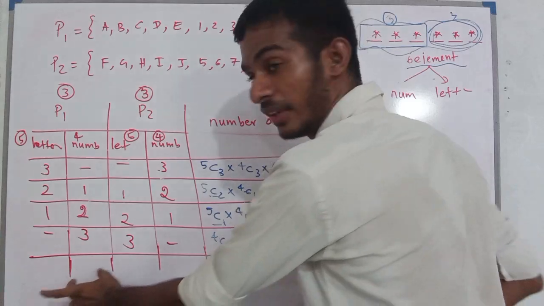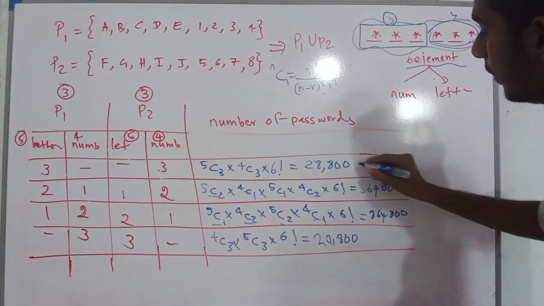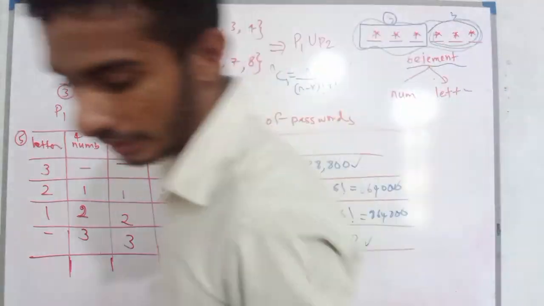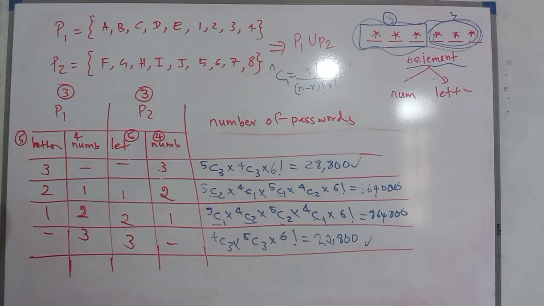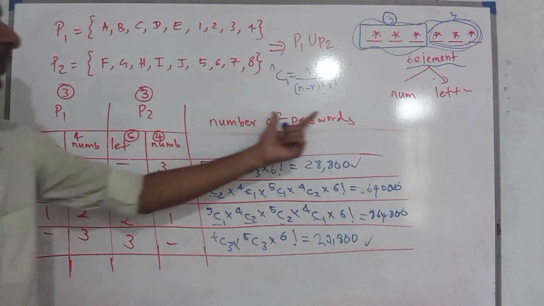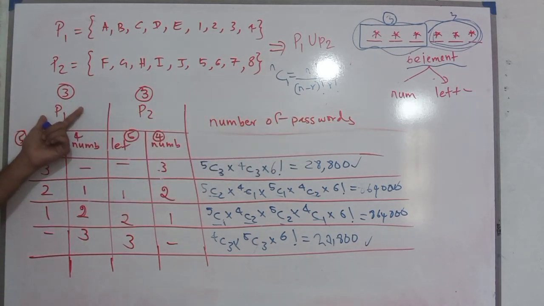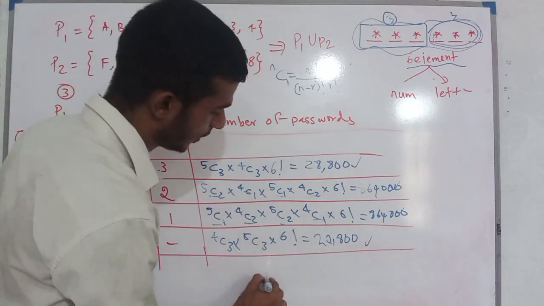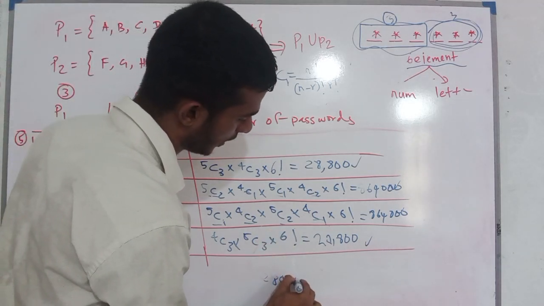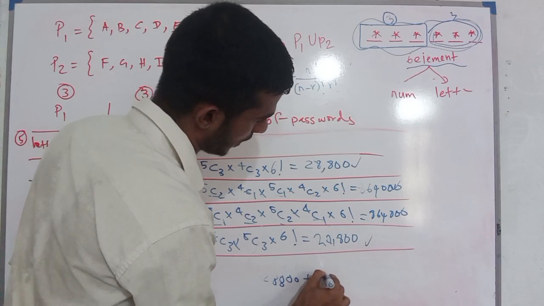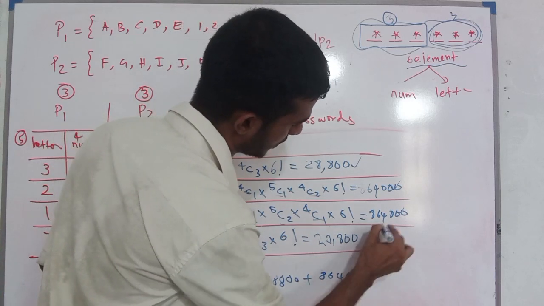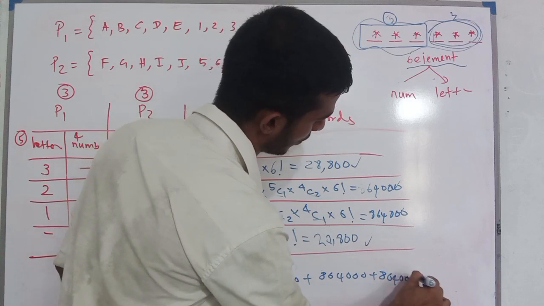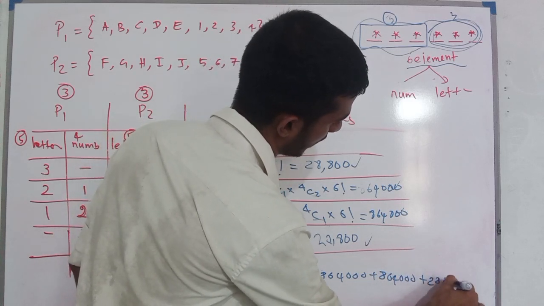Now we have this number of passwords for these different cases. So what we have to do, we have to add them. So the final answer would be, hence the number of different passwords that can be formed by choosing 3 elements from P1 and 3 elements from P2 will be equal to 28,800 plus 864,000 plus 864,000 plus 28,800.